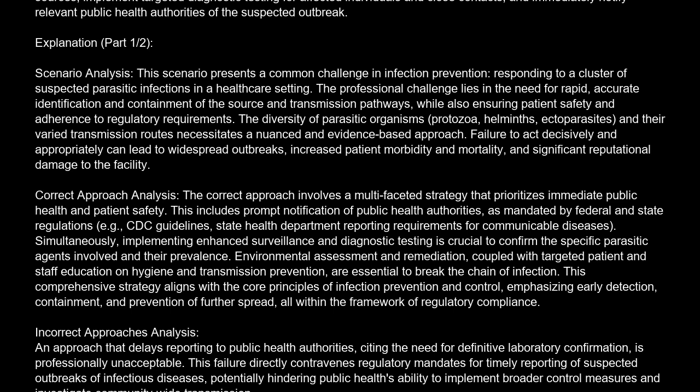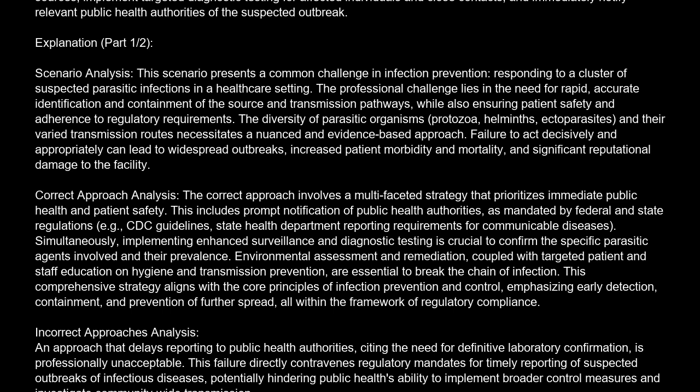Environmental assessment and remediation, coupled with targeted patient and staff education on hygiene and transmission prevention, are essential to break the chain of infection. This comprehensive strategy aligns with the core principles of infection prevention and control, emphasizing early detection, containment, and prevention of further spread, all within the framework of regulatory compliance.